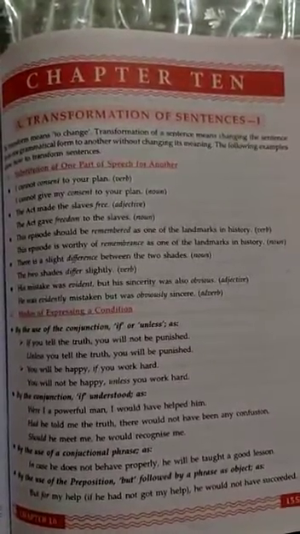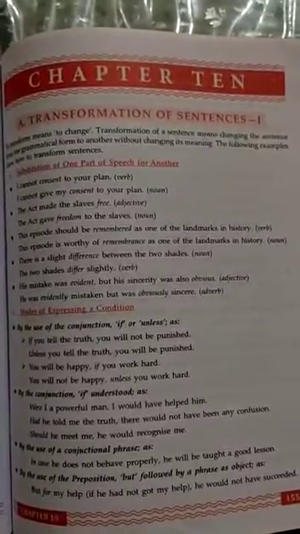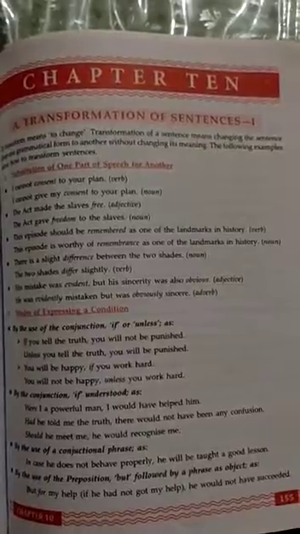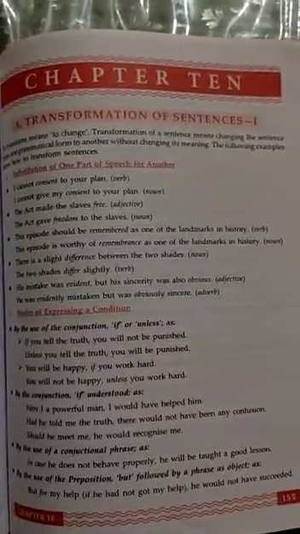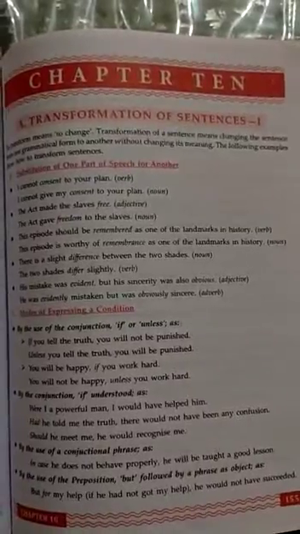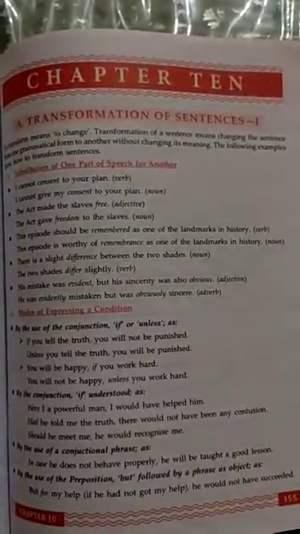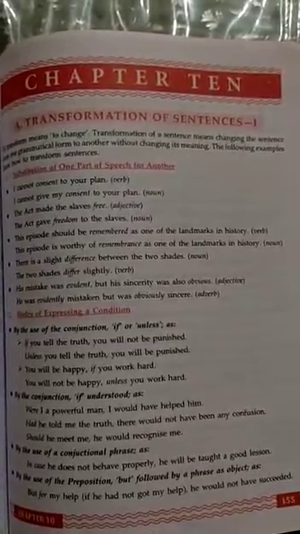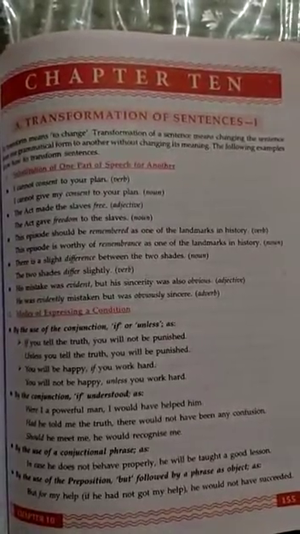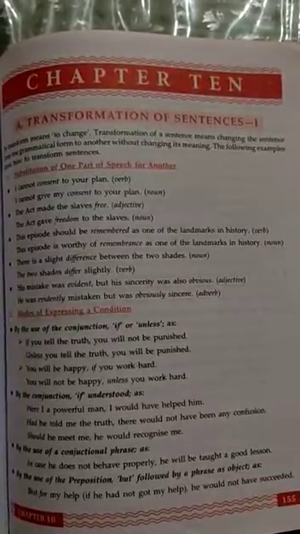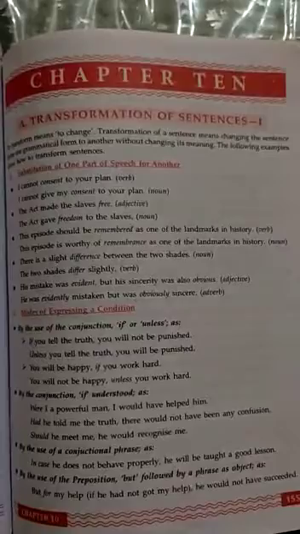So if is a conditional clause and it is understood in were, had, should. If it comes at the beginning and the condition is not fulfilled, that is called conjunction if understood in the words were, had, and should.